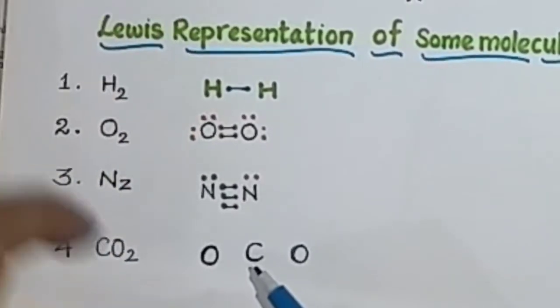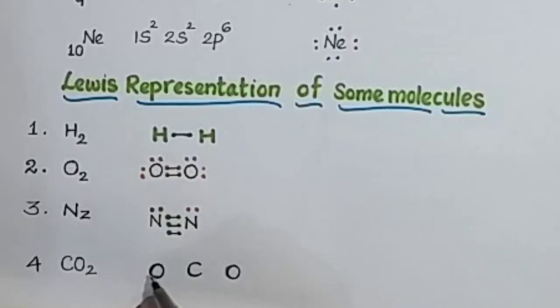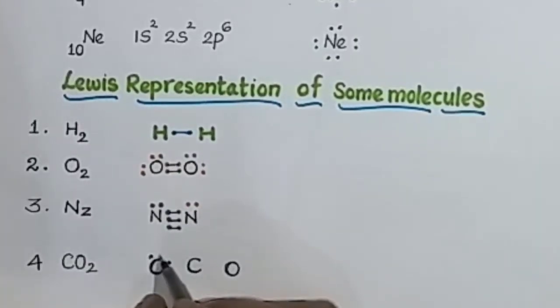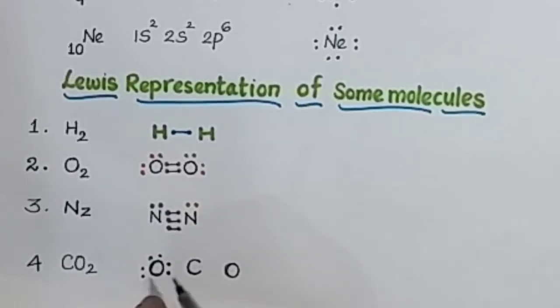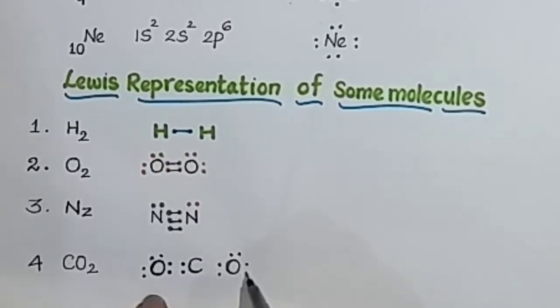We can draw the Lewis representation of the carbon dioxide molecule. Draw oxygen, which has 6 valence electrons. Oxygen needs 2 more valence electrons to complete its octet. So carbon provides 2 electrons for mutual sharing. Then this oxygen atom also has 6 valence electrons.